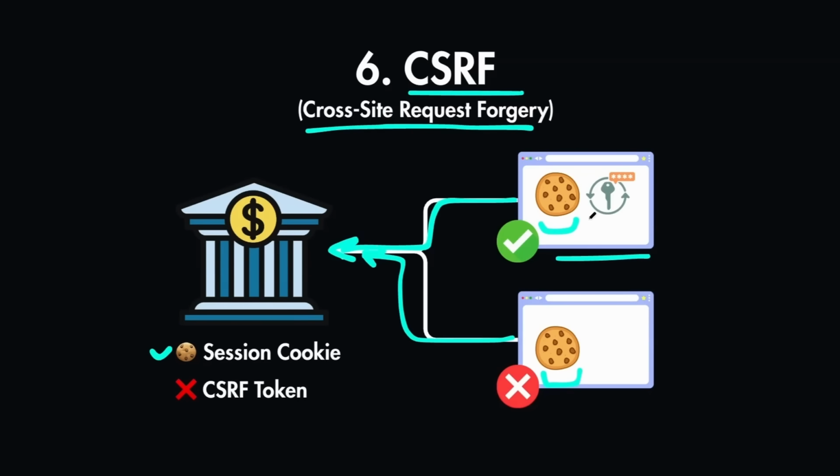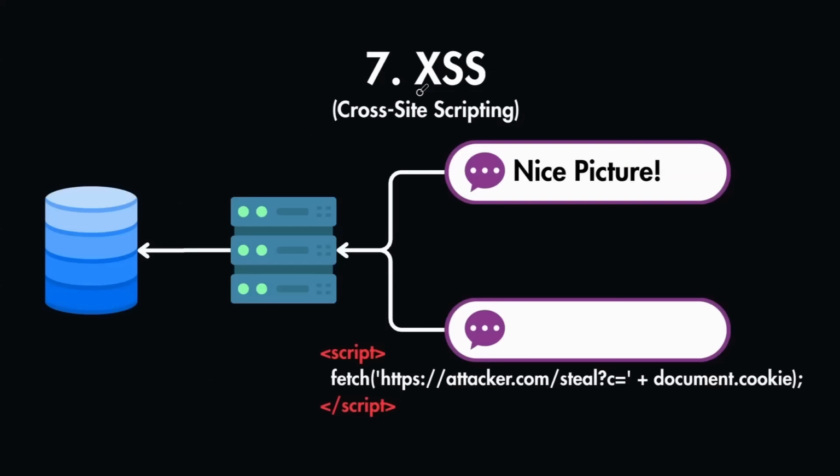So to prevent such attacks, companies also use CSRF tokens in combination with session cookies. So the banking system will check if the session cookie is present, but it will also check if the CSRF token matches the one that they have. And if it doesn't, then it will block this request from the other unknown source, while it will allow requests made on your behalf.